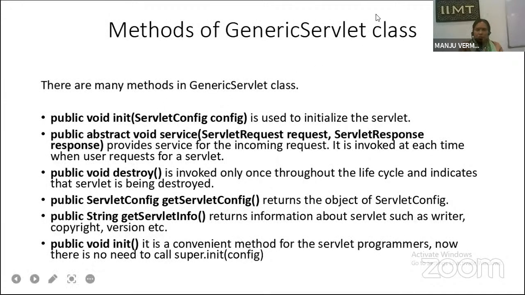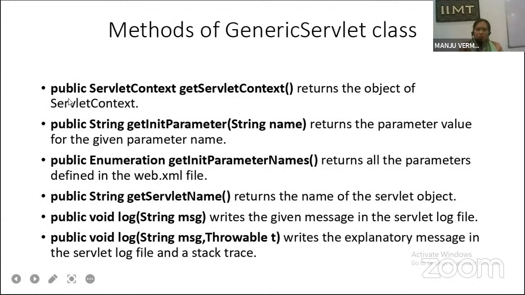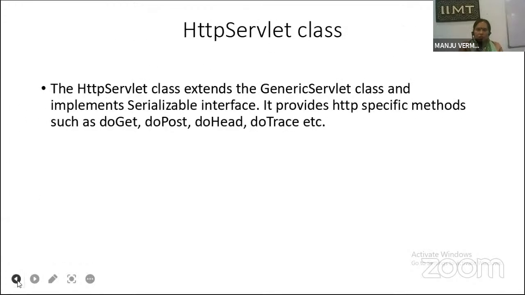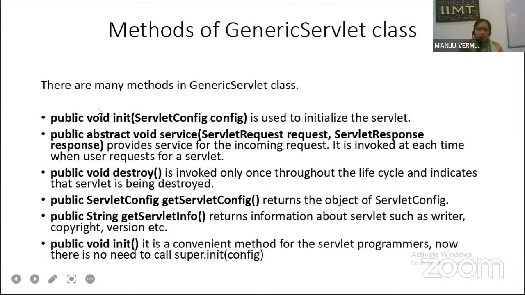These are the methods of the GenericServlet class. The first one is public void init, same as in HttpServlet. The only difference between the GenericServlet and HttpServlet methods is that HTTP is added to the method name.